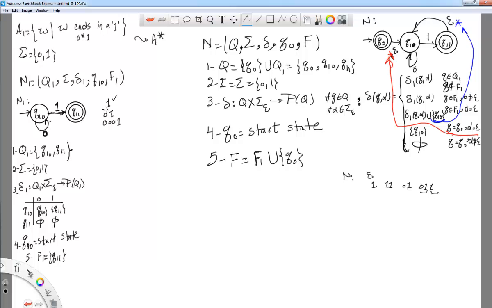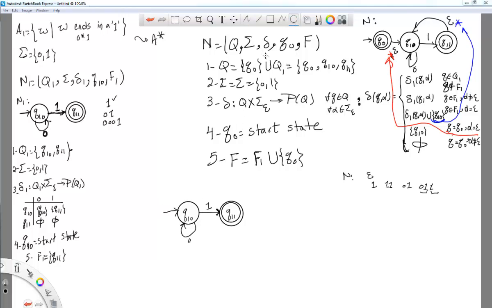Notice one quick thing, if I look at my original machine, it looks something like this, right? You've got your q sub 0, q sub 1 0, and your q sub 1 1, and this is my original machine N sub 1.